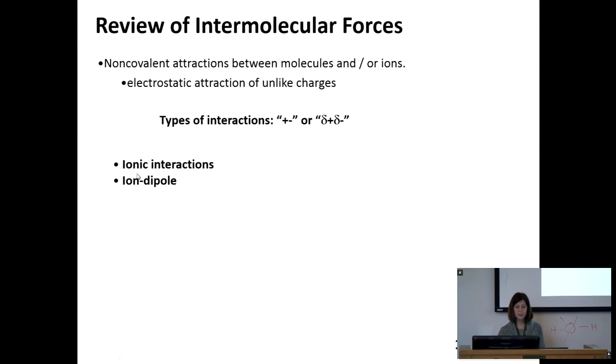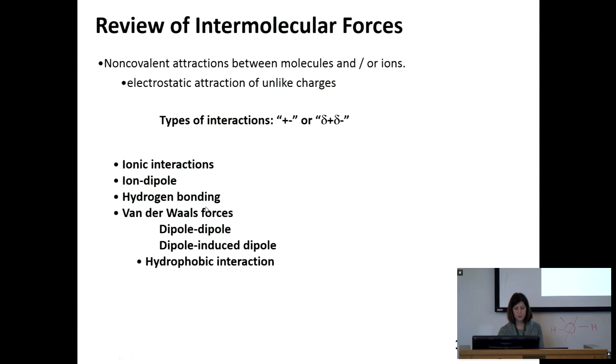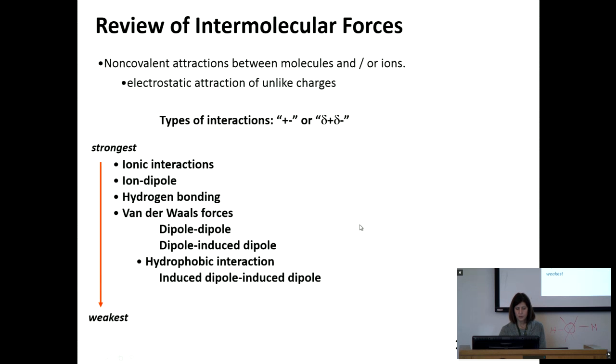The next one is where you take a positive or negative and interact it with something that is partially positive or partially negative. Hydrogen bonding is then the next. Van der Waals are a collection of our dipole, induced dipole, and our hydrophobic interactions. And we can say this induced dipole is also called dispersion forces. So here, an example of ionic interactions would be table salt, right?